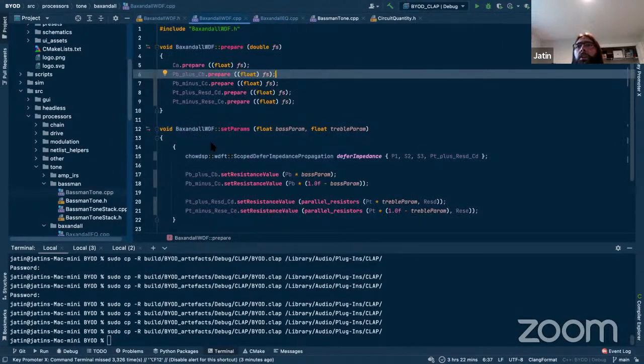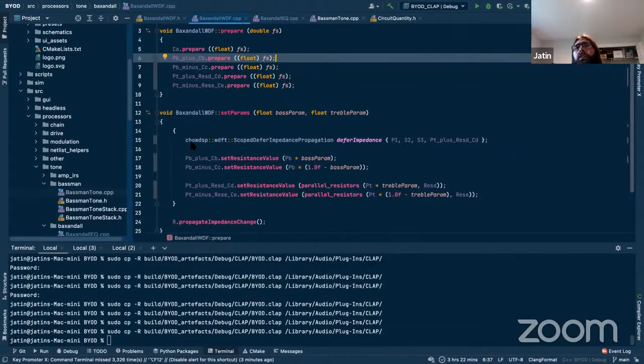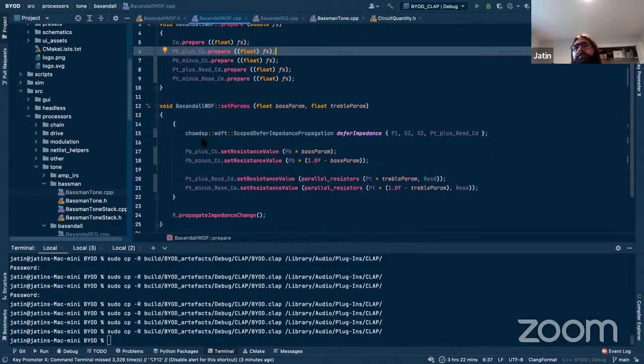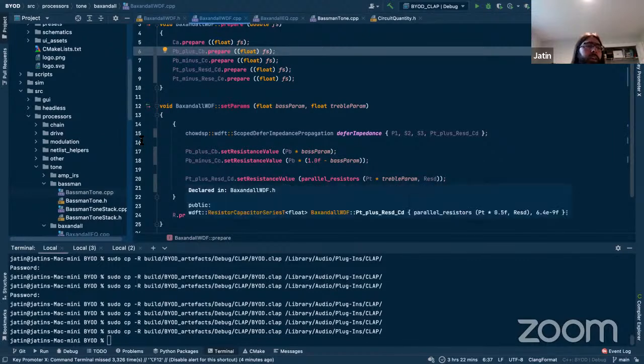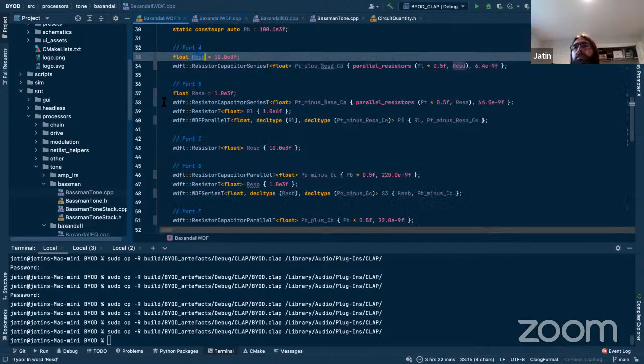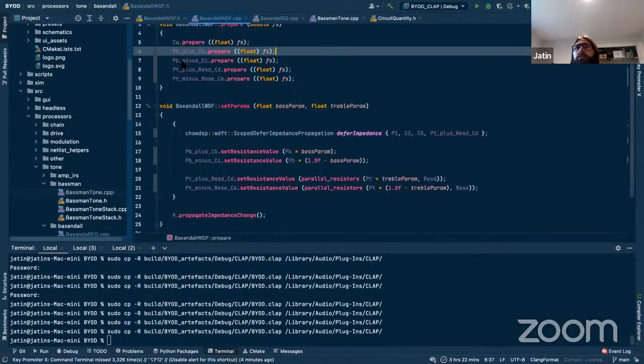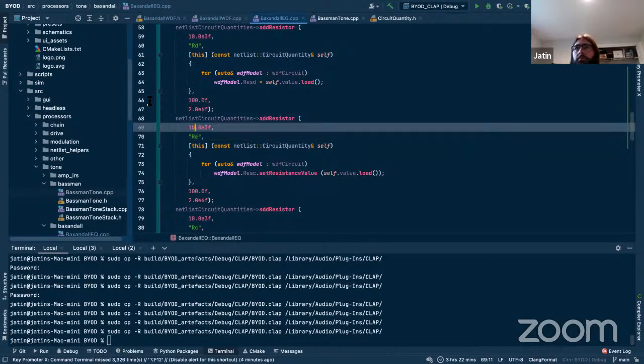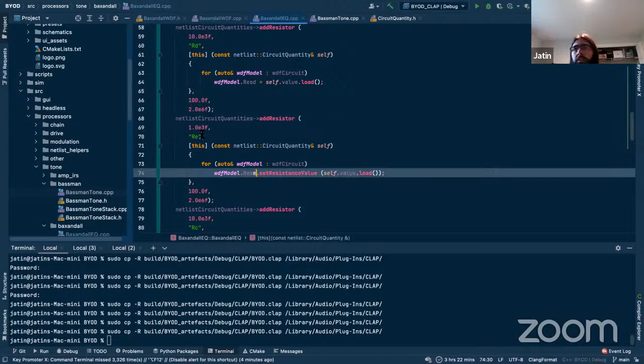And then when we set the parameters in here, that's when the internal WDF element resistance will get changed. So that's res D. Res E is 1K. We can do a similar thing.